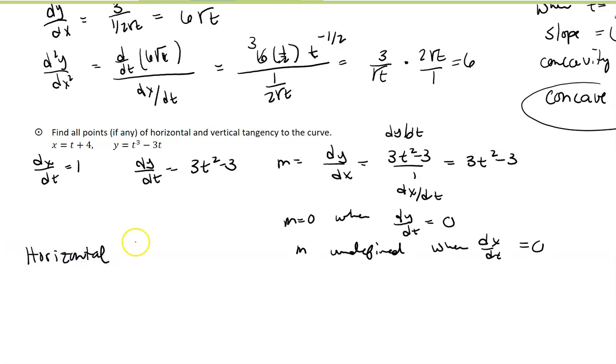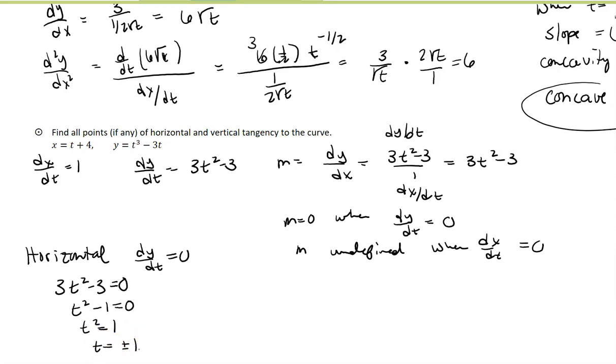So we're talking about horizontal tangency being when dy over dt equals 0. So for this particular example, that would be 3t squared minus 3 equals 0. Or if you factor out the 3 and divide, you get t squared minus 1 equals 0. t squared equals 1, so t is equal to plus or minus 1.